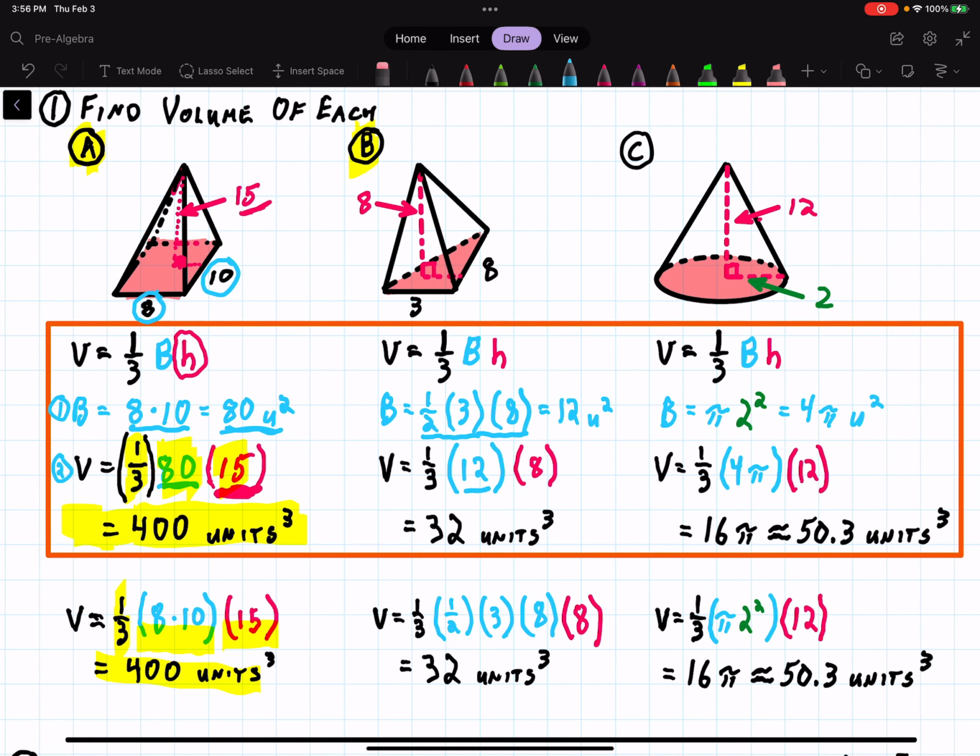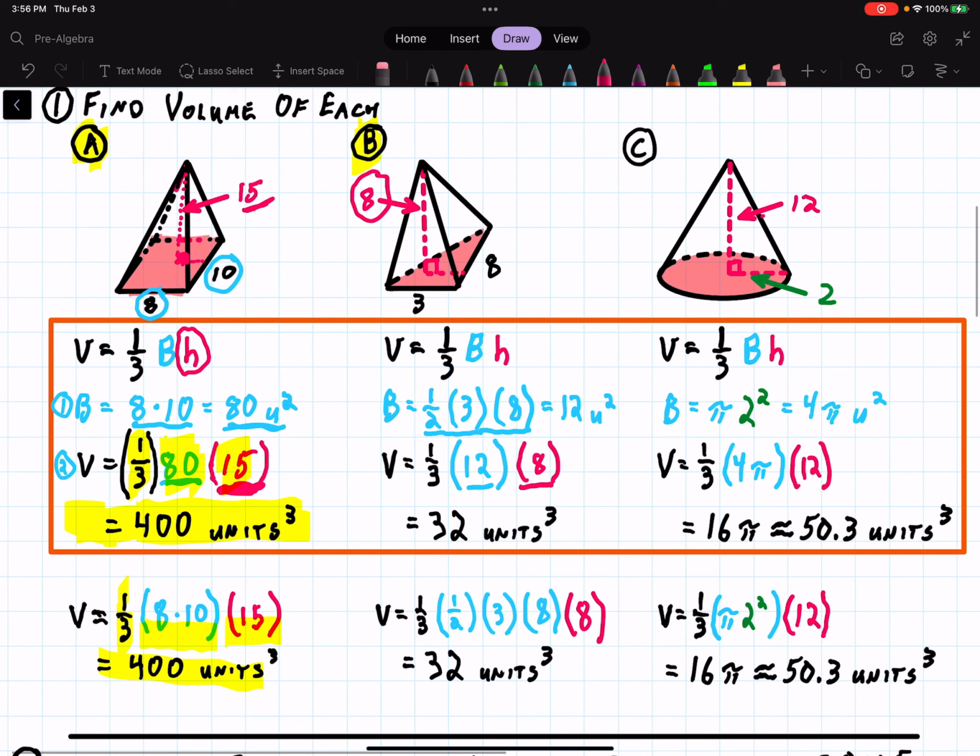The height of my pyramid is right there, and I substitute that in, and then I multiply 1/3 times 12 times 8, and I get 32 units. And once again, if I did it all in one step, I would basically be taking the stuff that I calculated here for B and putting it directly in the formula, and you can see it right here.